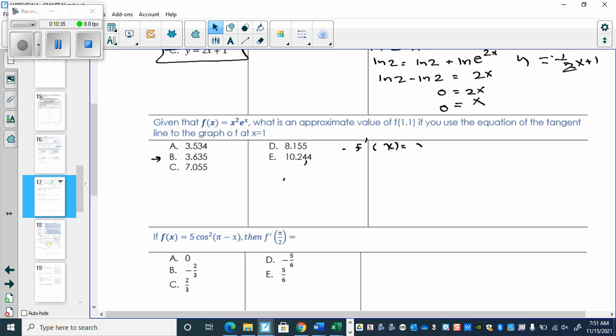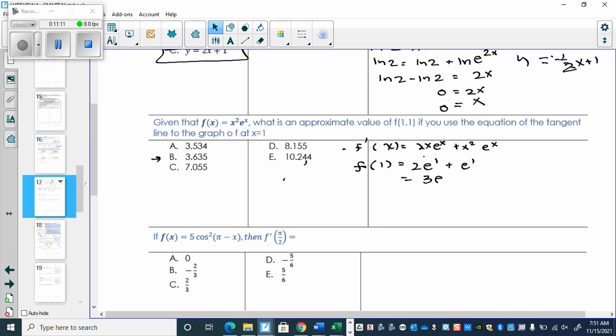So I have 2x e to the x plus x squared e to the x. I check it at 1, so f prime at 1 equals 2e to the 1 plus e to the 1, and this is going to equal 3e.